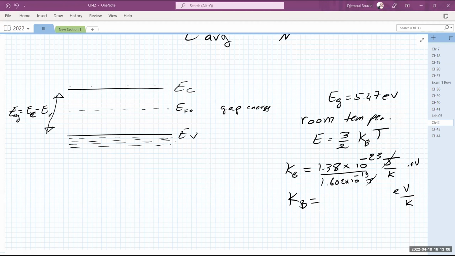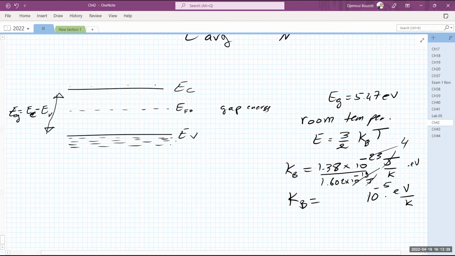So let me divide that number quickly, 1.38 times 10 to the negative 23 divided by 10 to the negative 19, which gives 10 to the negative 4. However, 1.38 divided by 1.602 is going to be 0 point something. So I really need to divide 13.8 by 1.602 and make this 10 to the negative 5.